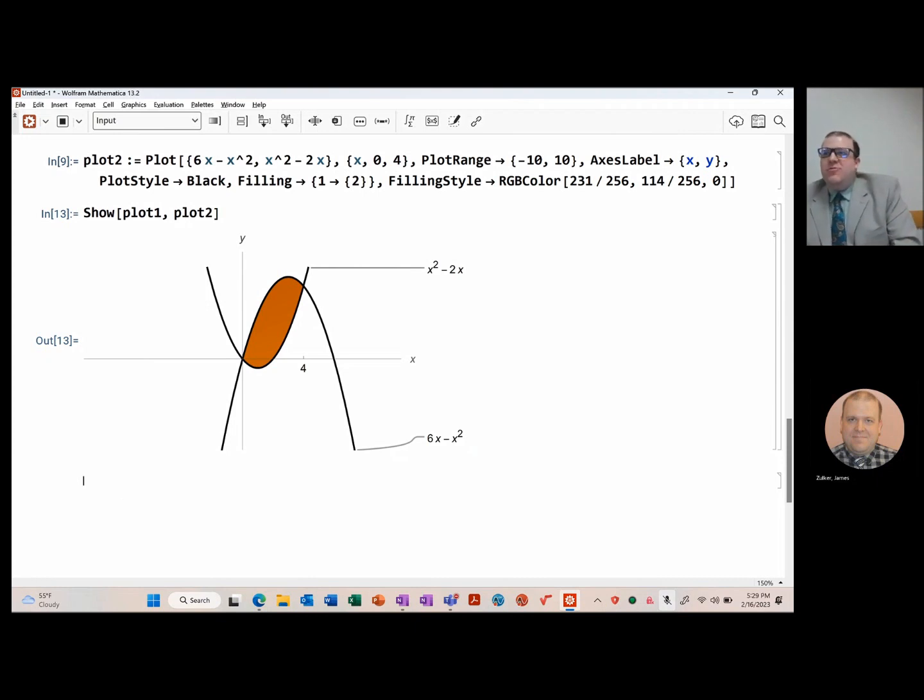If I want to plot relations, I'm going to have to use the ContourPlot command. I'm going to say y squared equals 4x. Again, notice it's a double equals. And then y equals 2x minus 4.